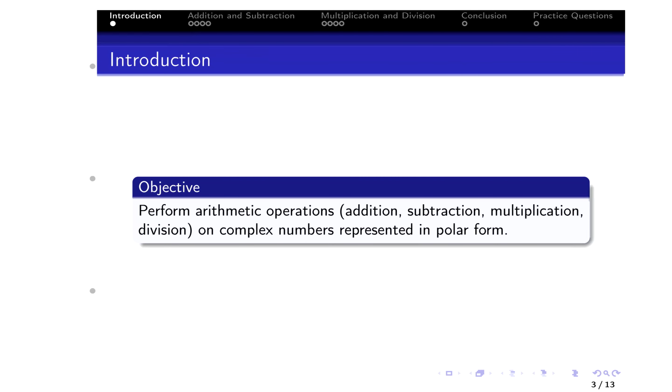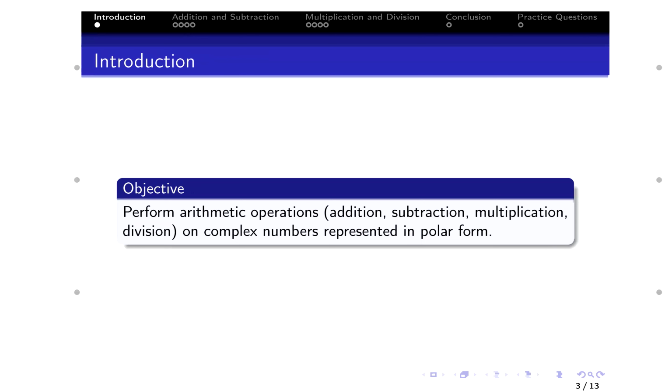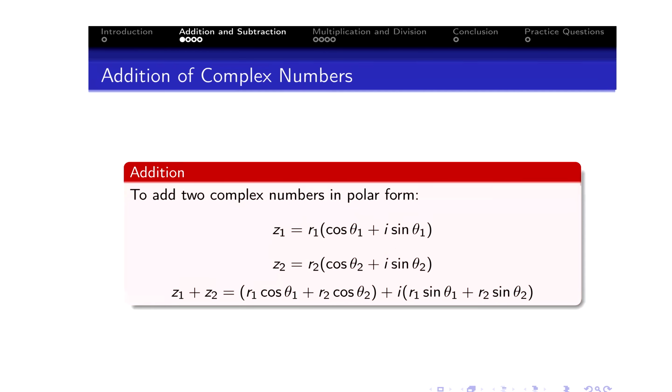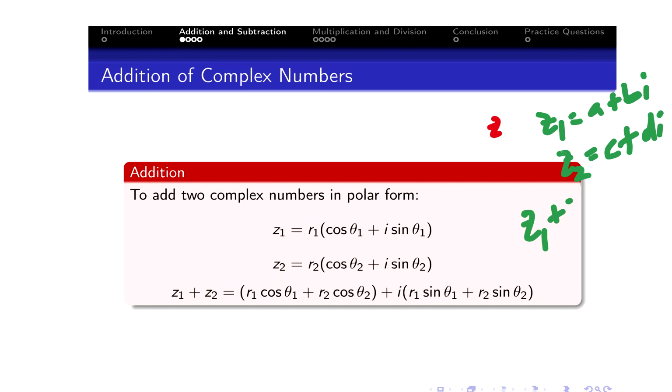So easy. And then addition is here. If you remember in rectangular form, say you have Z1 equals A plus BI, and Z2 equals C plus DI, and you have to do Z1 plus Z2, you have to add component by component, real to real: A plus C, and then complex to complex: B plus D, with I in common.